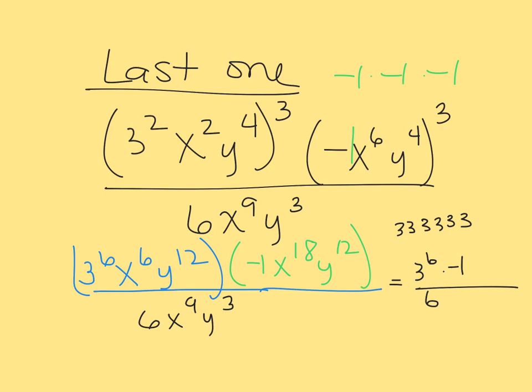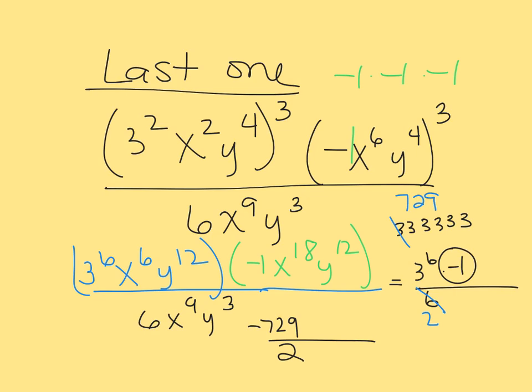Well, 6 has a 3 in it, so I can make this a 2 and mark out one of those 3's. And then, of course, I have to do 3 to the 5th. 3 to the 5th is 729. So far in this problem, we have 729 and a -1, so that's a -729, and then over 2.